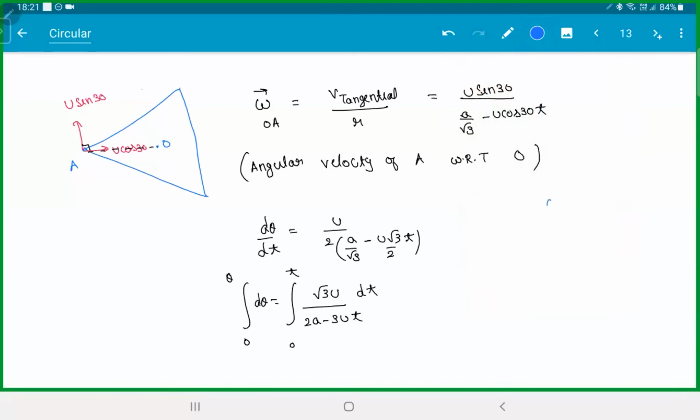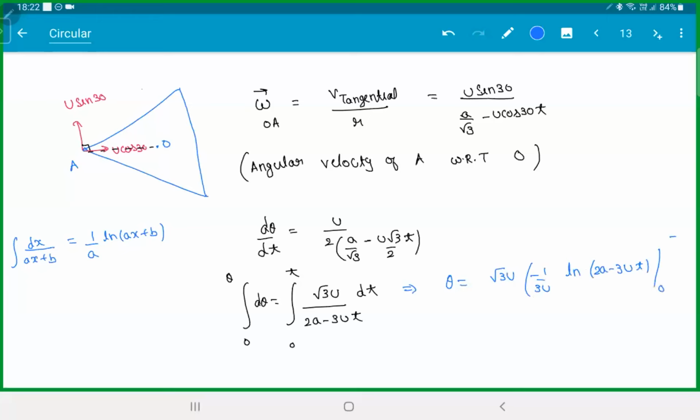And I hope you remember the integration for this. Integral dx by ax plus b is given by 1 by a ln of ax plus b. This thing will turn out to be theta is equal to root 3 u minus 1 by 3u ln of 2a minus 3ut.